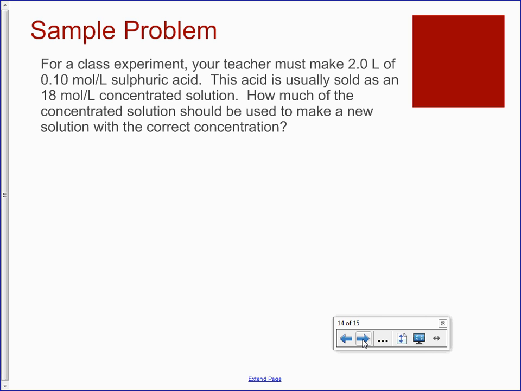So let me go back to C1V1 is equal to C2V2. We can think of the C1V1 part as the concentrated solution, so we'll fill in that information there for that concentrated part.